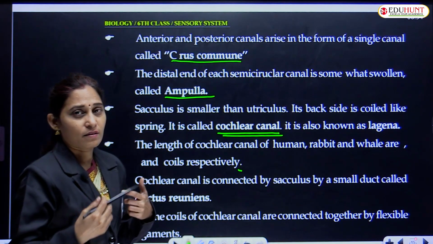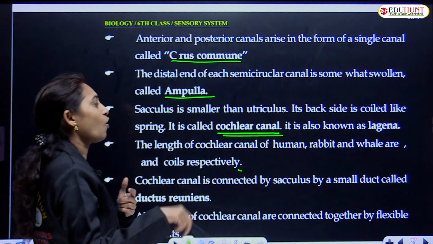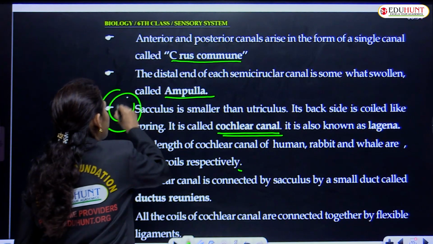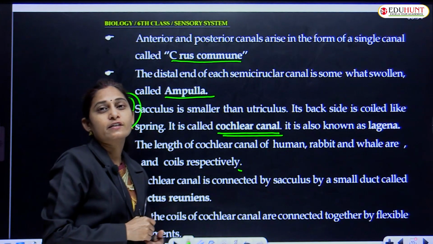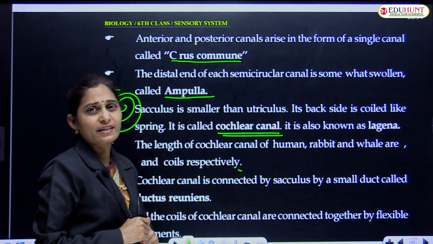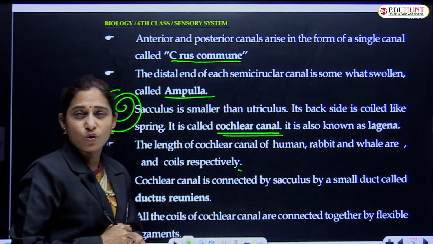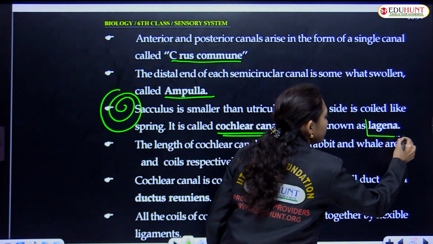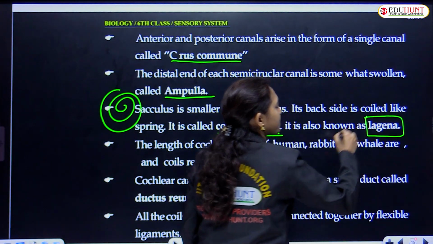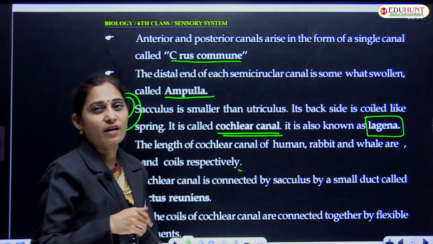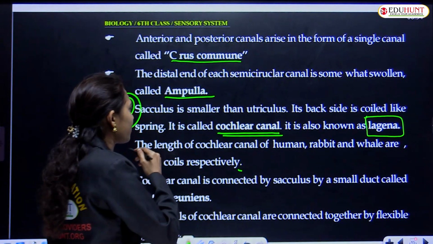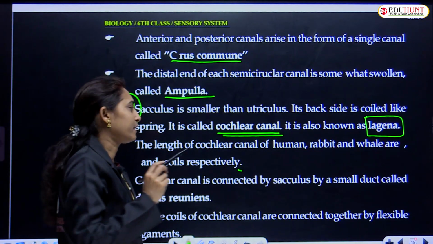On the back side of the sacculus, there is a coiled spring-like structure called the cochlear canal. It is also known as the lagena.